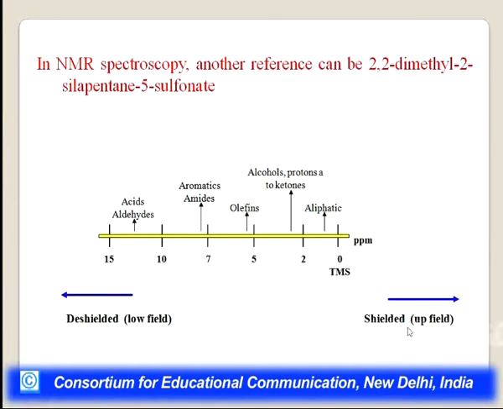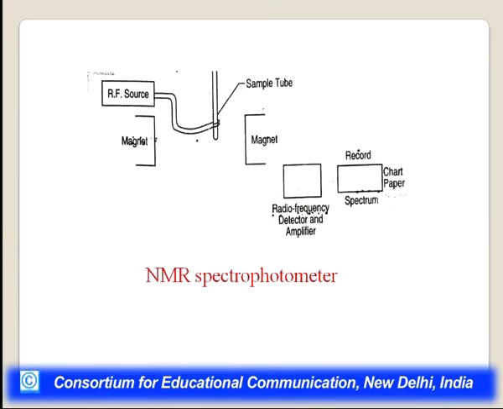If we go from left to right towards TMS, there is shielding and the applied magnetic field value will be high. If we go from this side to the other, there is deshielding for these particular groups, and the applied magnetic field will be low in value.